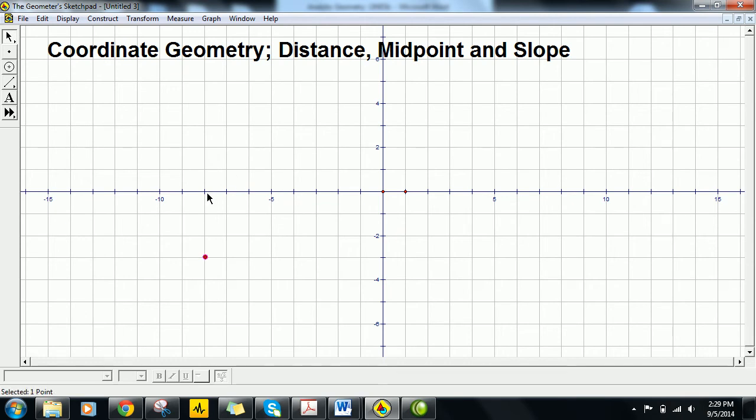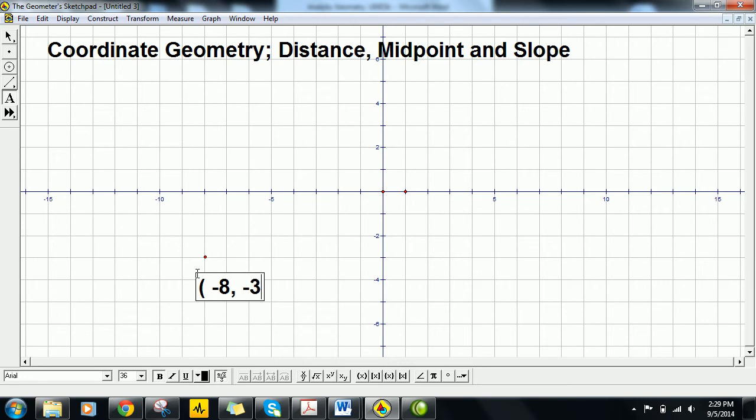So the x value is -8. And down 1, 2, 3. So the y value is -3, right? -8 is the x value, -3 is the y value. Right, so this is how we write it, -8, -3, right? There's our point. Okay, but let's call that something a little more abstract so we can create some general formula.